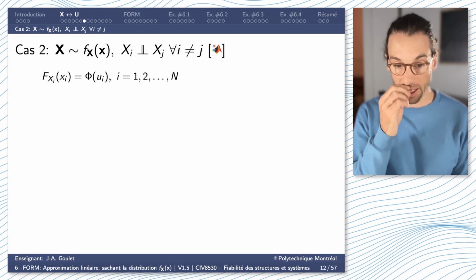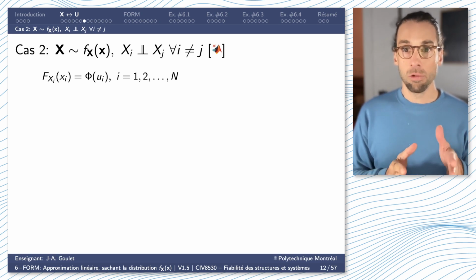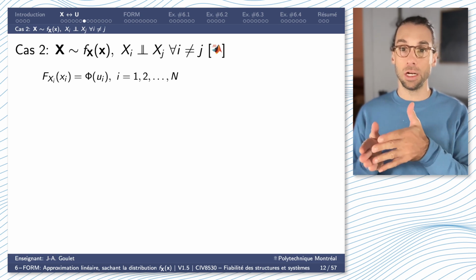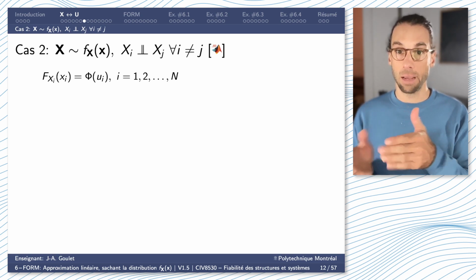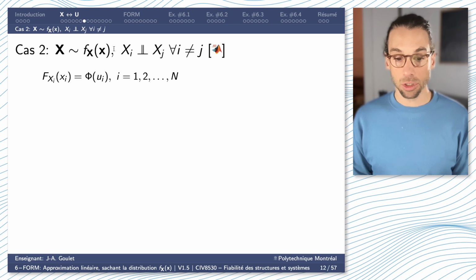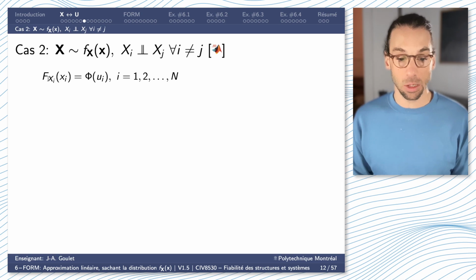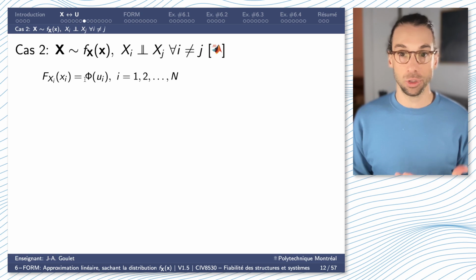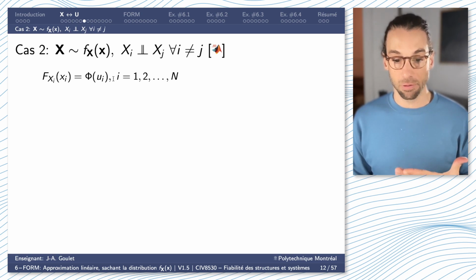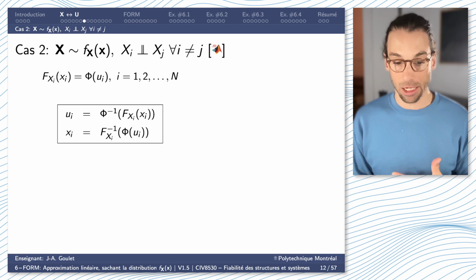So say for the second case, we have a prescribed marginal for each dimension, but these dimensions are independent, meaning that xi is statistically independent from xj for any i not equal to j. So it means that I'm going to be able to transform each marginal by simply using the equality of the CDF. So F of xi must be equal to the standard normal CDF of ui for all of my n dimensions.